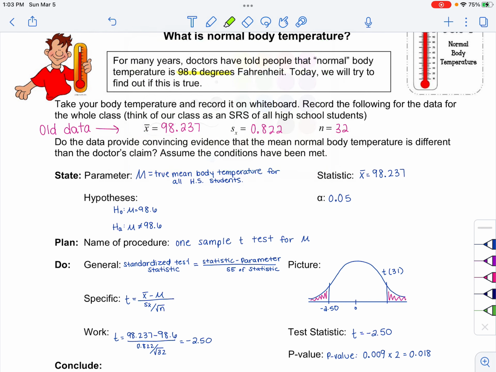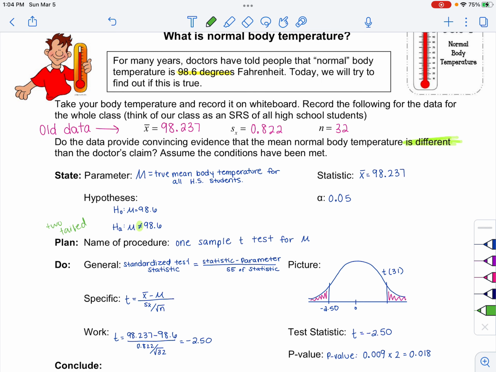Remember that when we're doing these problems and we are trying to find convincing evidence that it is simply different, not that it is more, not that it is less, but just that it is different, that is the not equals to. And so that makes this a two-tailed test. And our significance level is 0.05.